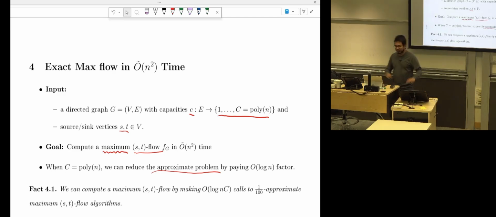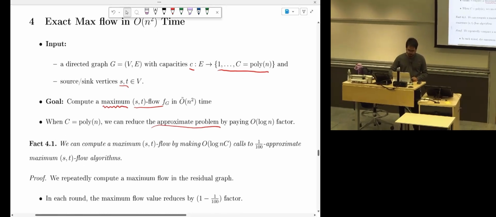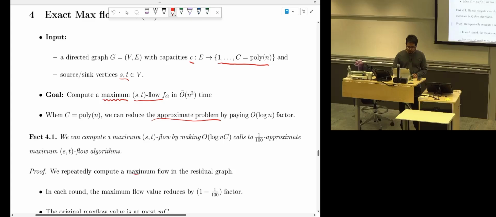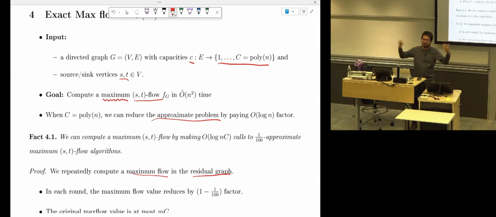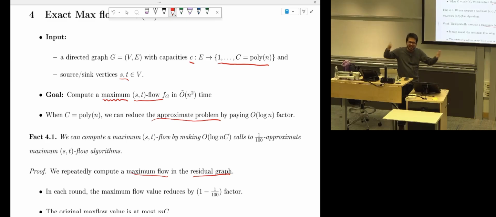Why is that? This is a kind of standard thing that I'm just gonna go quickly. Just repeatedly compute maximum flow in the residual graph. In each round, you get a flow. The flow is 1% big, so the size of the maximum flow in the residual graph will be smaller by 1%. You reduce it to 99%.